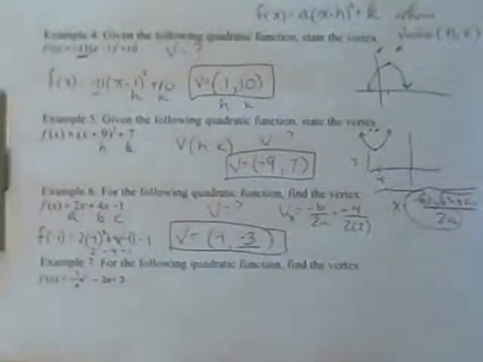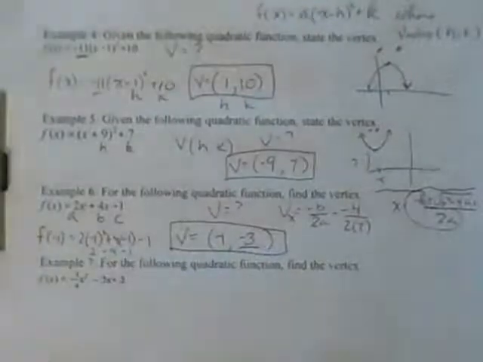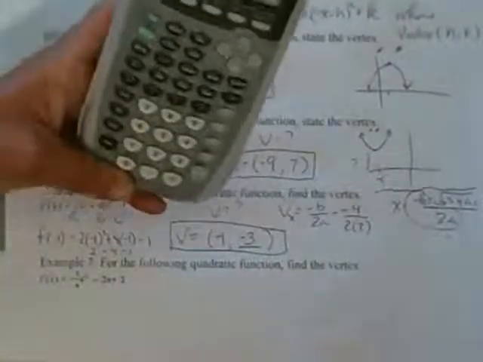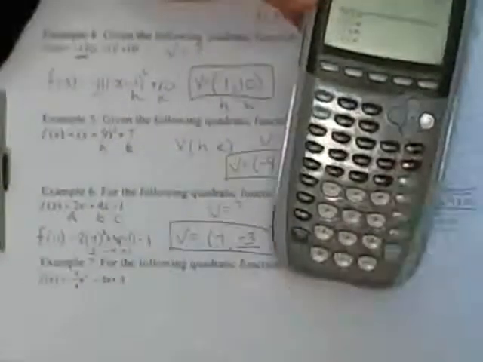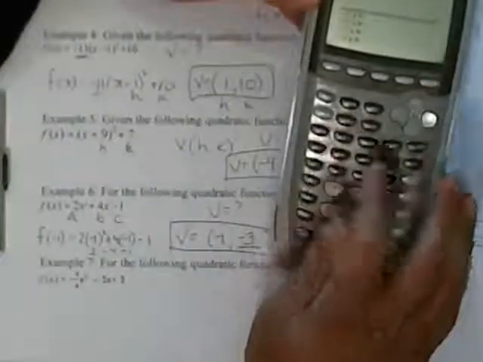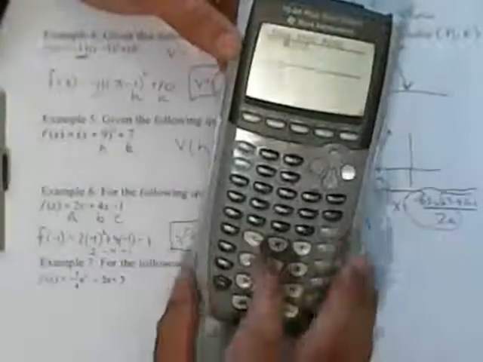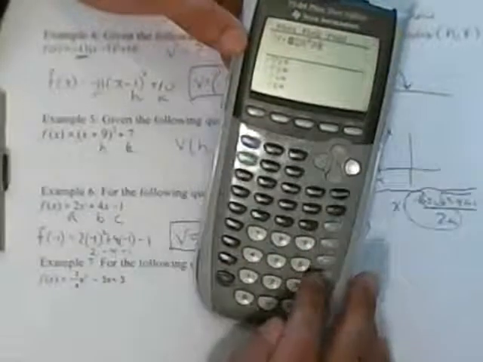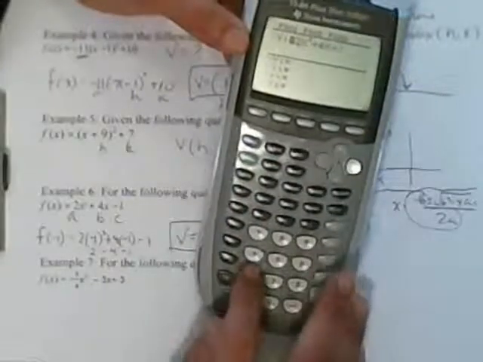And I'm going to use a graphing calculator to show you how that kind of works. Let me bring out my calculator first. You should know how to graph these by hand too, so it shouldn't be too difficult. First, what we do is we go to y equals, let's clear that one, 2x squared plus 4, here's your x button, minus 1.